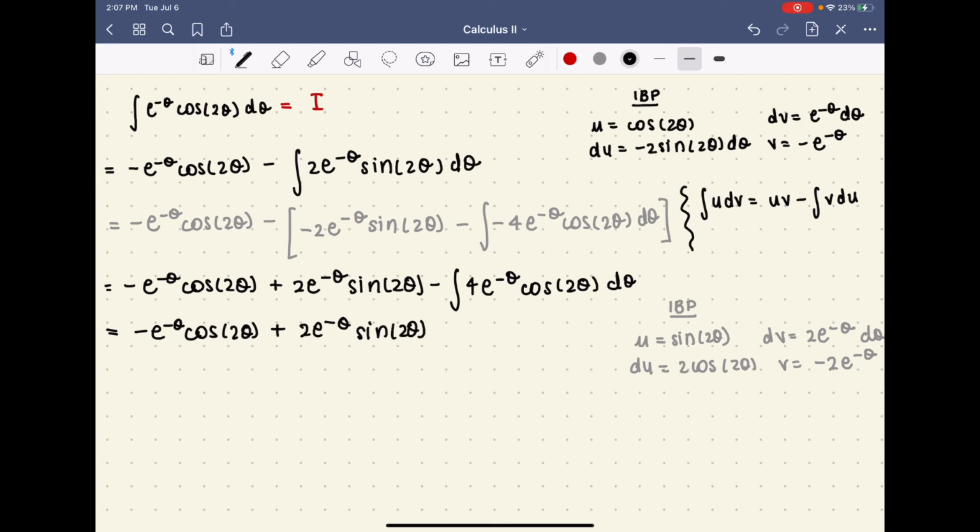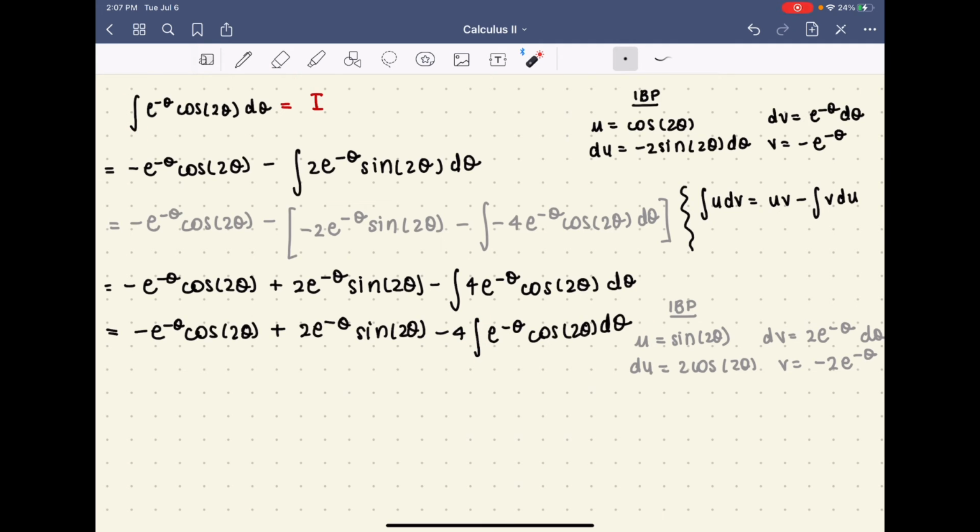We can pull the 4 to the front because it's a constant. See how it's the same thing?